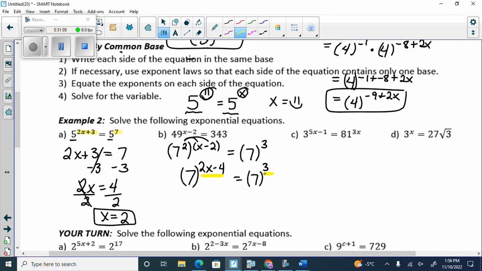I can say that the exponents have to be equal in order for the left side to be equal to the right side. So now I can just drop off the bases, and really what I'm doing is setting my exponents equal. I can go 2x minus 4 equals 3. Add the 4 over. 2x equals 7. And I divide by 2, so I get x equals 7 over 2.